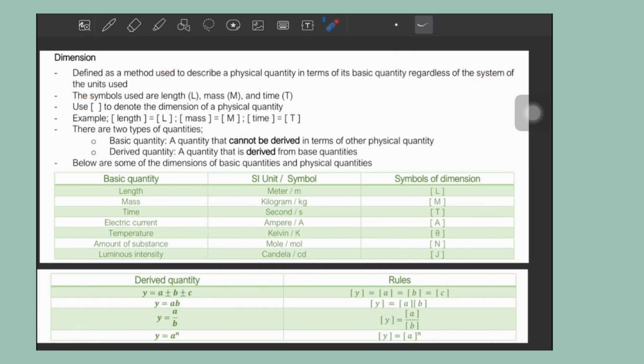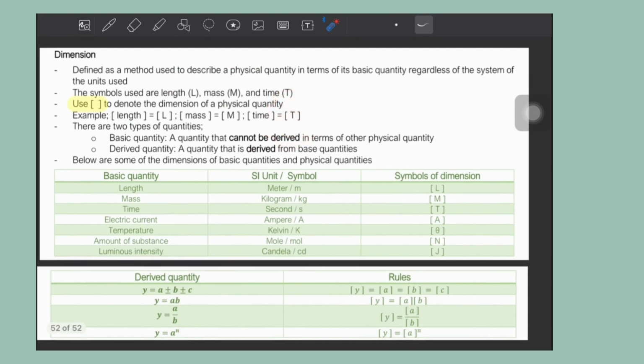Normally we will use the square bracket to denote the dimension of a physical quantity. For example, we will use capital L to denote length, capital M to denote mass, and capital T to denote time, as the dimension of a physical quantity.